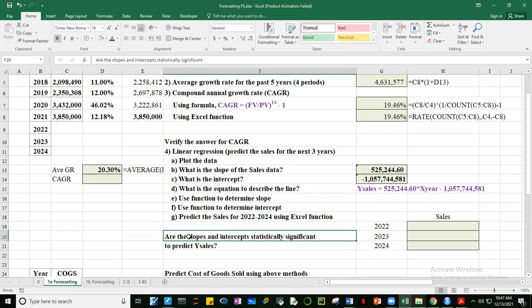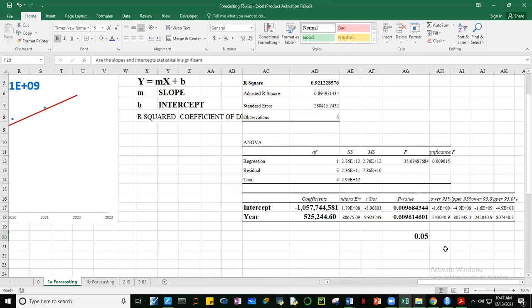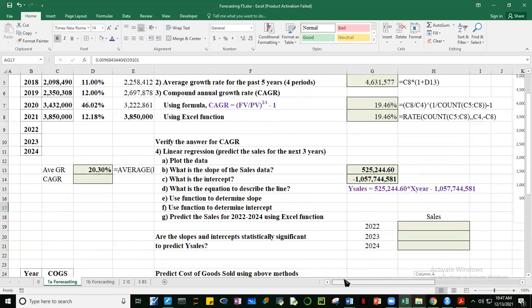So the answer, guys, is yes. How do I know? Go to the regression output and look at the p-value. If the p-value for the year is less than 0.05, then our year is okay. For the intercept, not much of a problem. Even if it's not statistically significant, we still use it to predict sales.